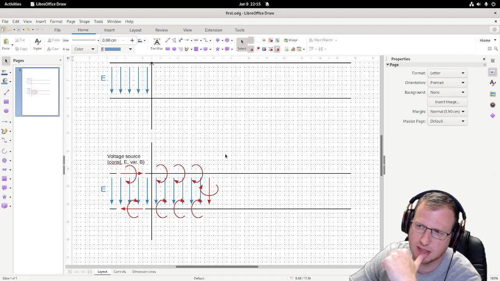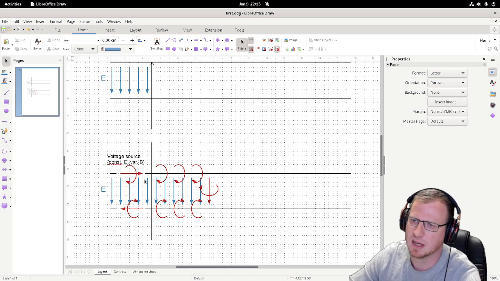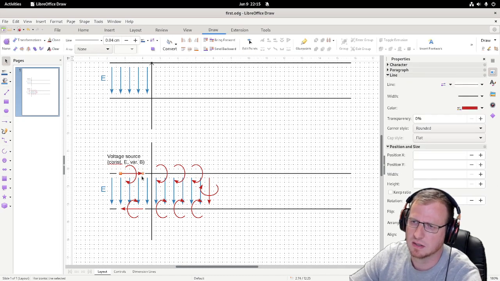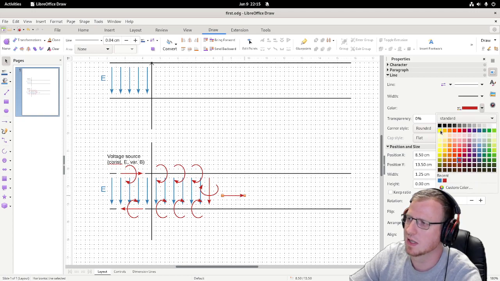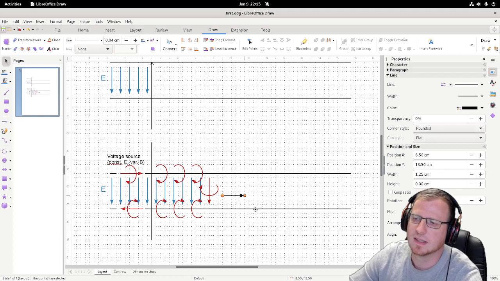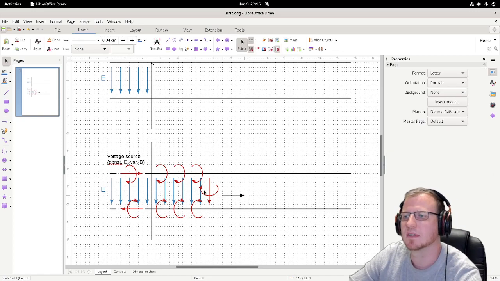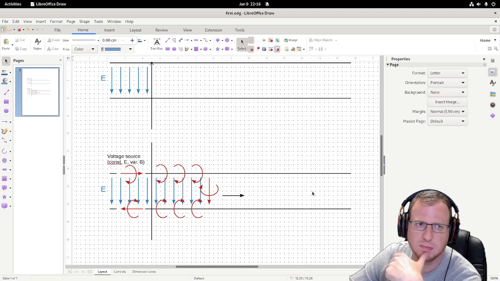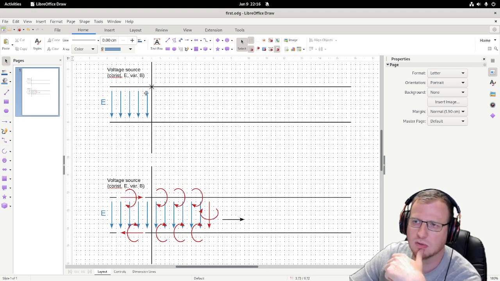Another interesting thing is, so we have a lot of arrows, and I put 2 additional arrows here. This black arrow is the direction of the wave. The wave is traveling with the speed of light from left to right. As soon as the switch is closed, the wave is traveling.